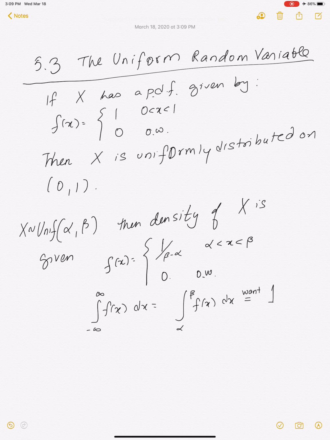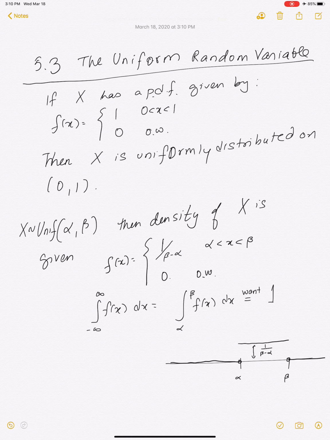So it's a constant density on that interval, and it's 0 outside of that. Here's alpha, here's beta. At the endpoints, it doesn't matter what you do because it's one point. The height is 1 over beta minus alpha on the interval alpha to beta.